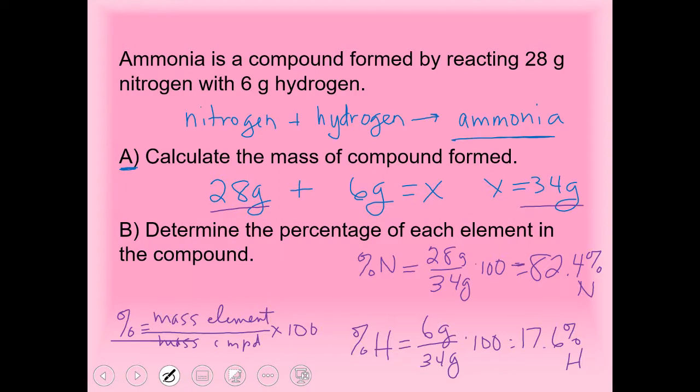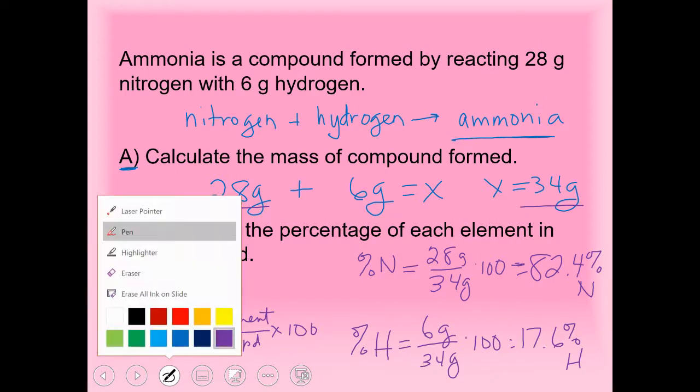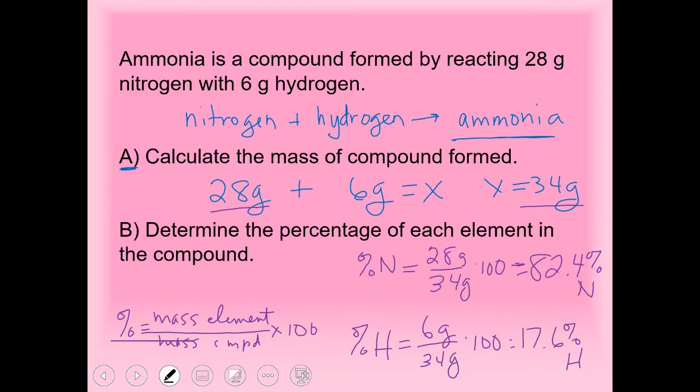But if you do these problems and you get, for example, 2 percentages and you add them up and they equal 86 or 82 or 120, then you need to go back and check your math because something has certainly gone wrong in the solving of the problem. The other thing is that you do need to pay attention. Like this one says to find each element, so that's why I did them both.